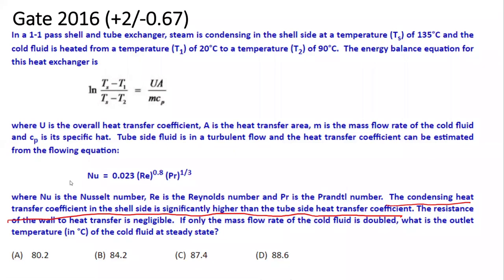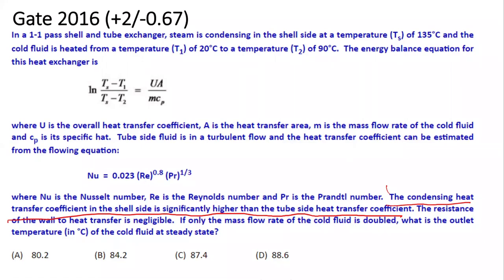And now they are asking you what will happen if we double the mass flow rate of the cold fluid, and what will be its impact on the outlet temperature of cold fluid. So you need to use the given equations, and the main hint is in the statement that I have underlined with red, and try to find out what happens if we double the flow rate and its effect on the outlet cold temperature.